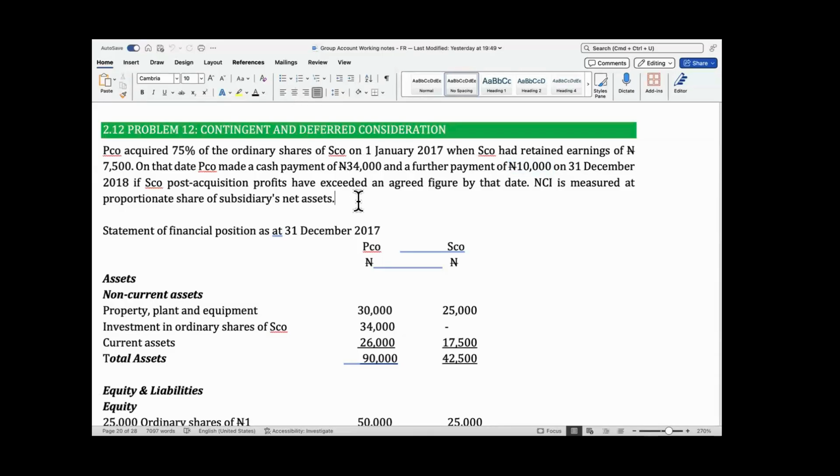IFRS 3 takes an exemption to that. IFRS 3 is allowed to recognize contingent consideration or contingent liability in the consolidated accounts. Because as far as the group is concerned, it's a transaction between the parent and the subsidiary, the group has a liability.